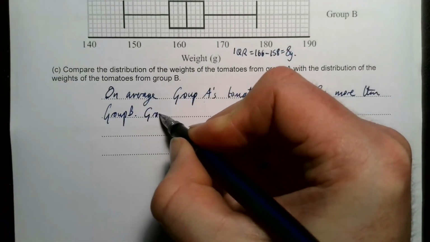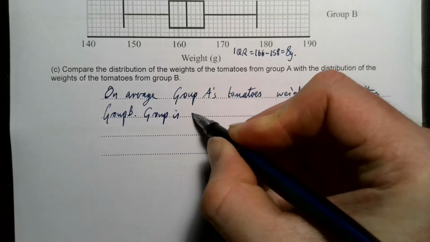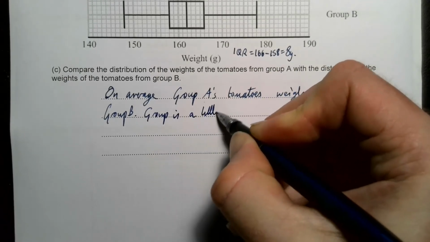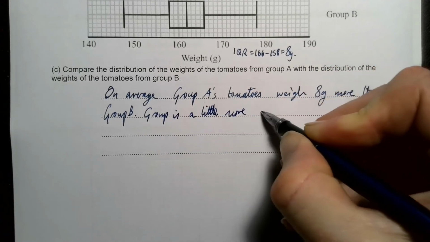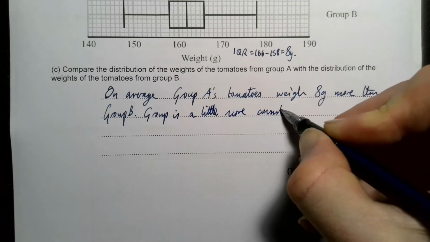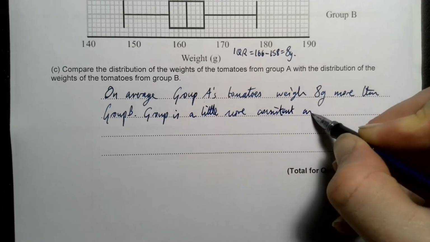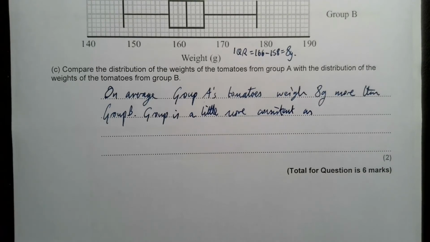Group B is a little more consistent, which just means that they're less spread out, doesn't it?